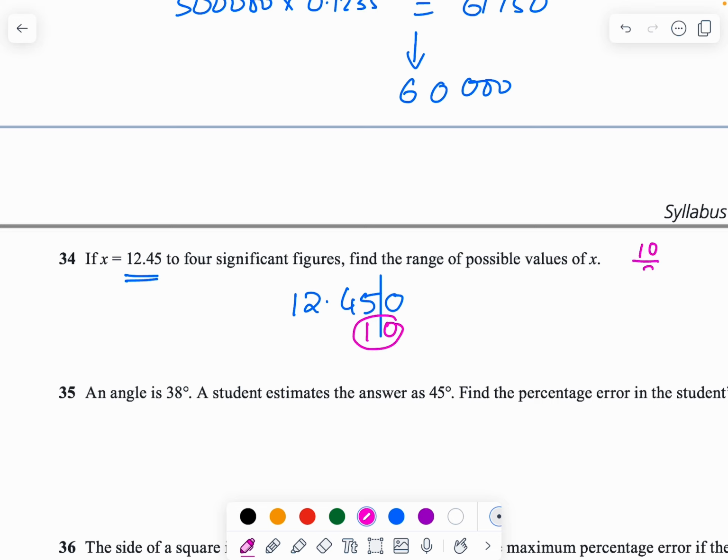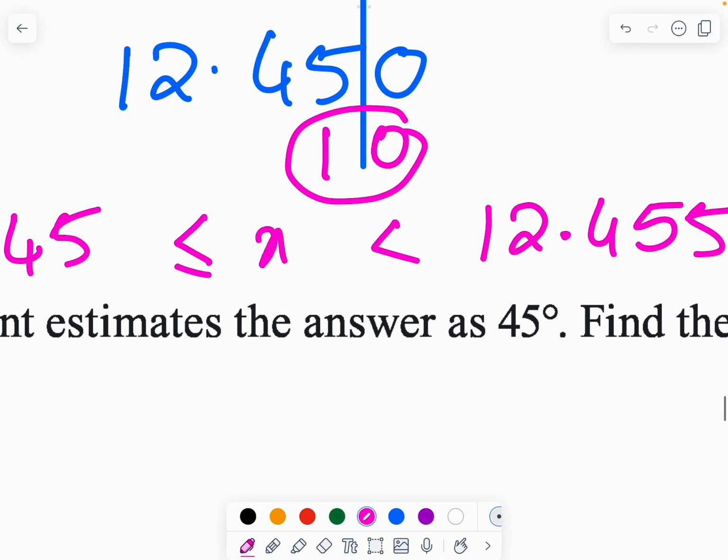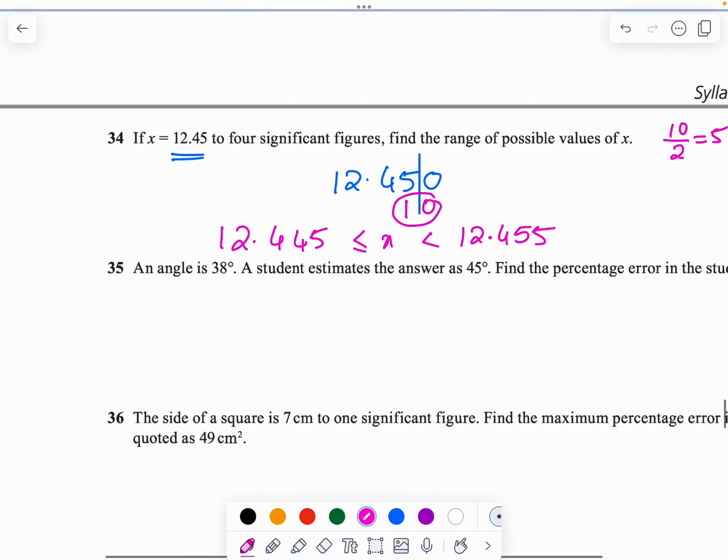So 10 divided by 2 is 5. Add 5, subtract 5. So 12.45 minus 5 is 445 and 50 plus 5 is 455. So remember, you should write less than or equal to on one side and less than on the other side.